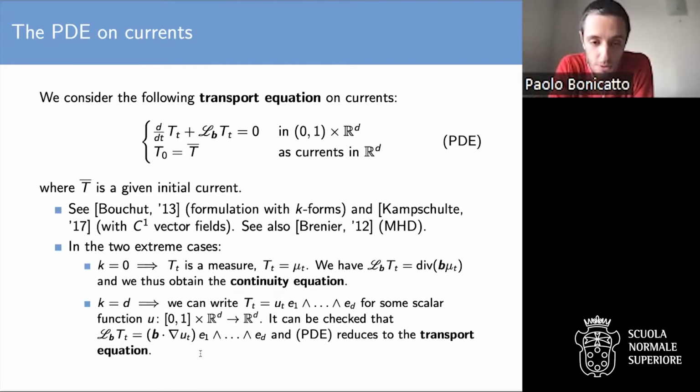In other words, the PDE in the top dimensional case reduces to the standard transport equation. So what is this saying? This is saying that essentially we have identified a spectrum between the continuity equation and the transport equation, and something that can be done very easily and that applies to the full spectrum.